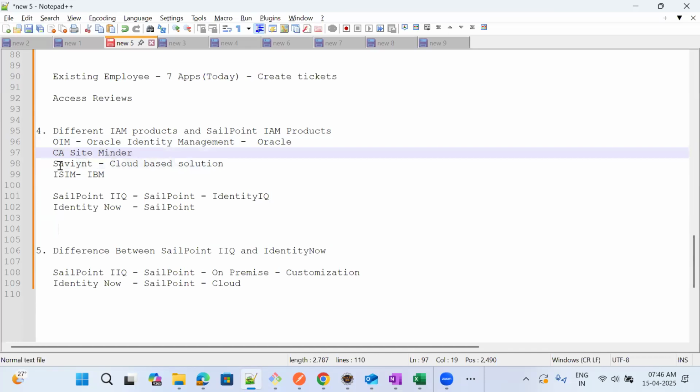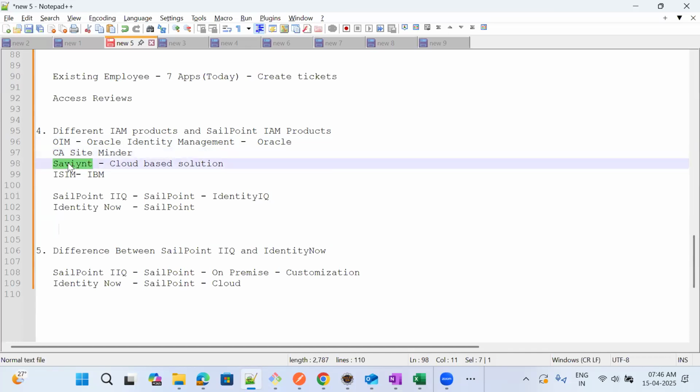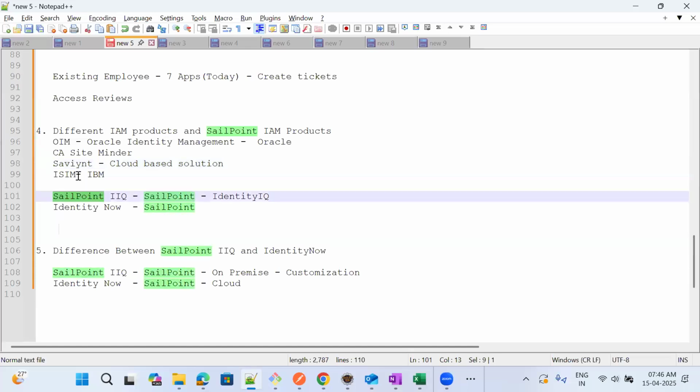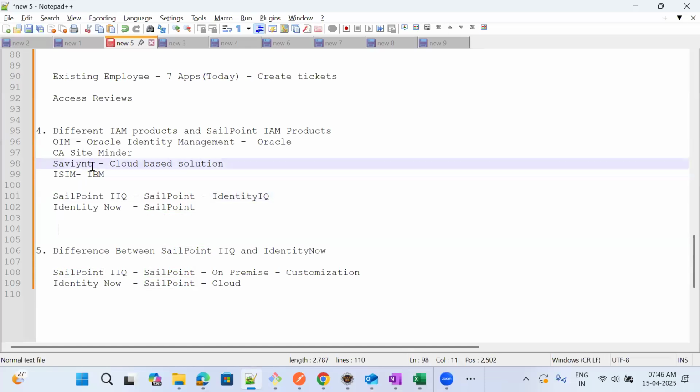We have another tool called Saviynt. When you work with SailPoint, next to SailPoint, the frequent term that you hear in our IAM world is Saviynt.